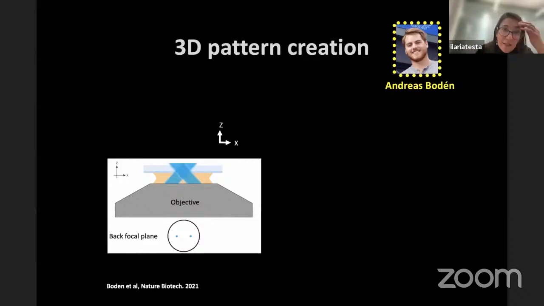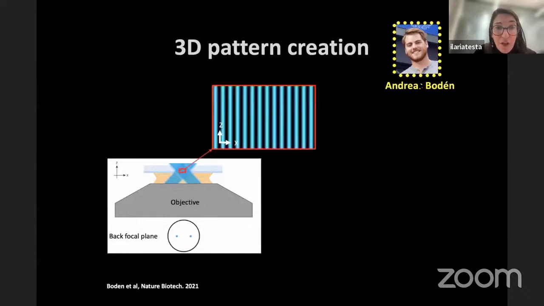And this is the latest pattern that we created to achieve super resolution, not only in 2D on the focal plane, but also in 3D. So Andreas, a PhD student in my lab, developed it. And basically what he was thinking about is, what if we create a periodic line pattern? Nothing new.